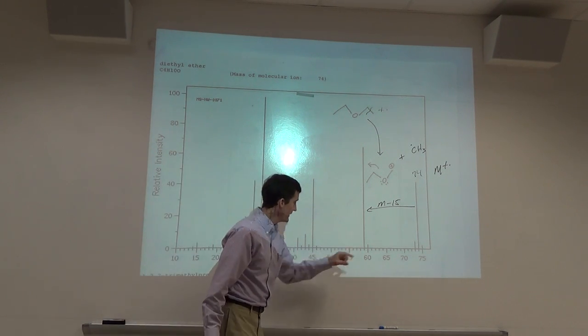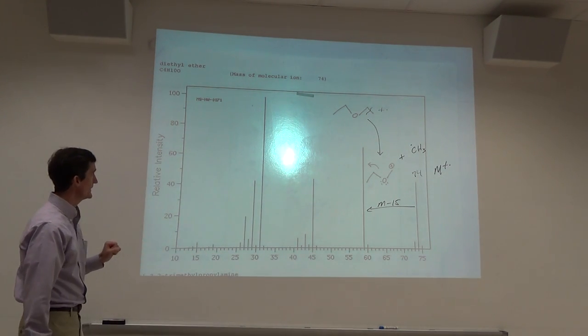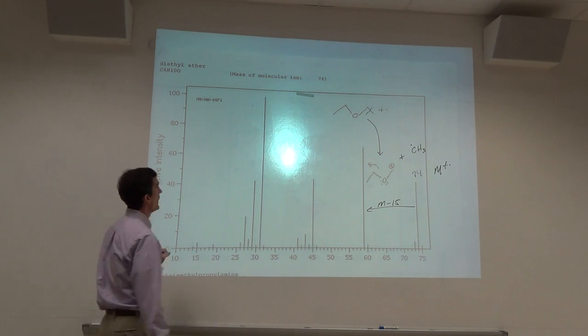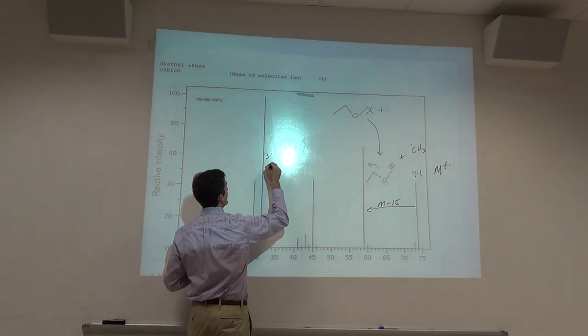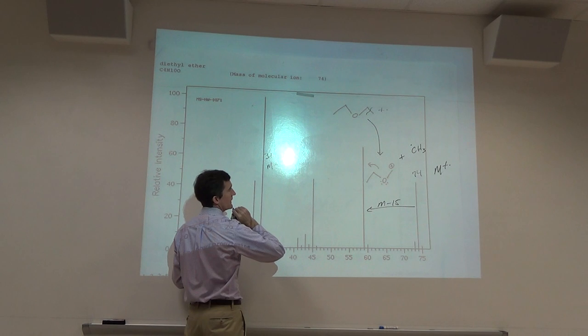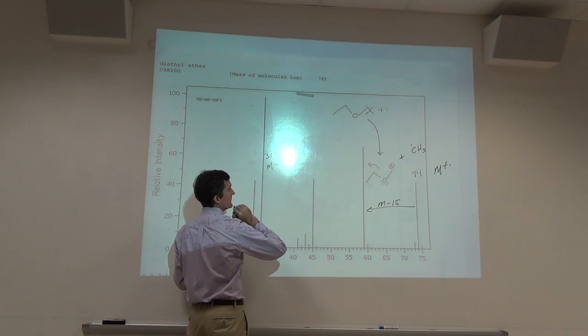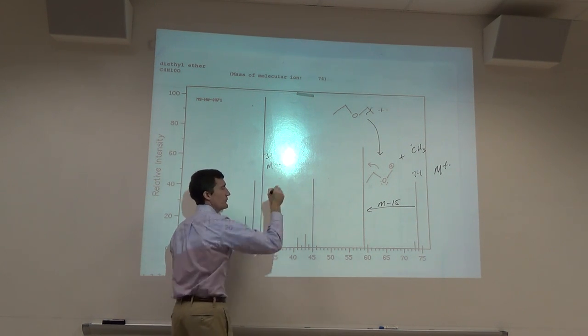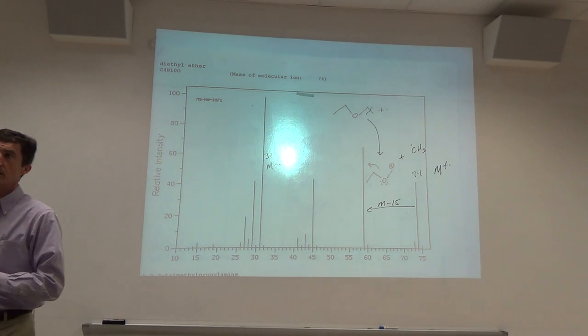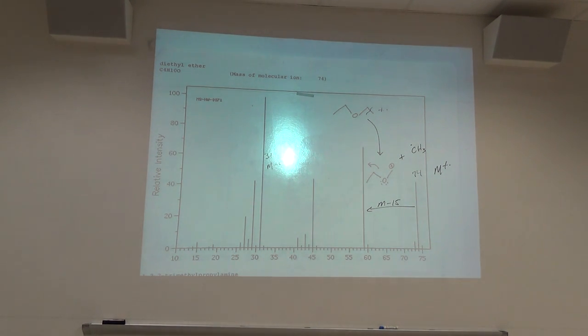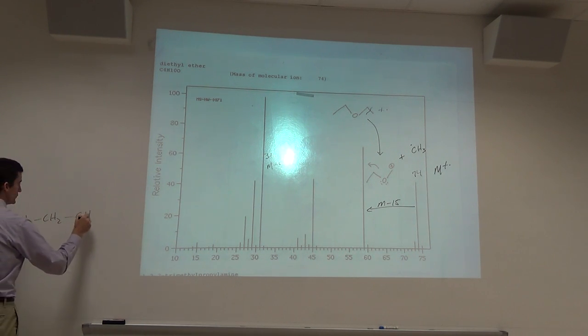But that's not the base peak. What's the value for the base peak? 31. What is that? M minus what? 43. What's 43 typical of? Methyl's 15, ethyl's 29. What would a propyl be? CH3, CH2, CH2.